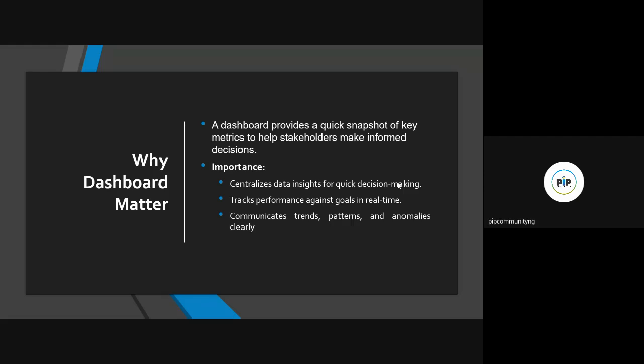You can use a dashboard to track performance against goals in real time, like our friend was saying just now, whereby as it is changing, you are reviewing it from your own end. You can also use it to communicate trends, patterns, and anomalies clearly.